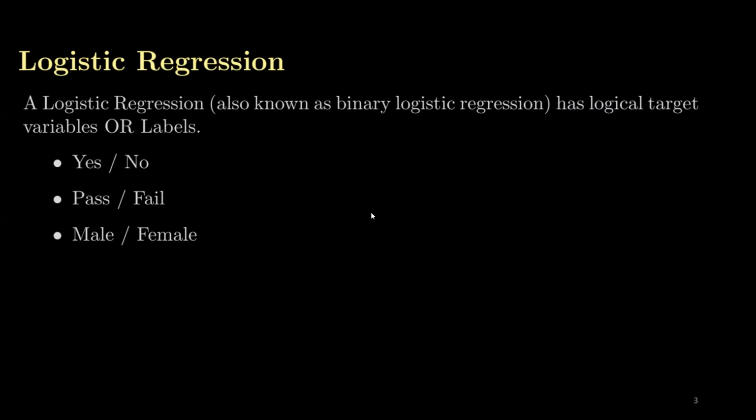So 1 and 0 are binary numbers, or logical numbers. In logistic regression, the word logistic comes from the word logical, because the target variables are logical, that is 0 and 1. Initially it was designed for binary classification, but now we can also perform classification with more than two categories with the help of logistic regression.